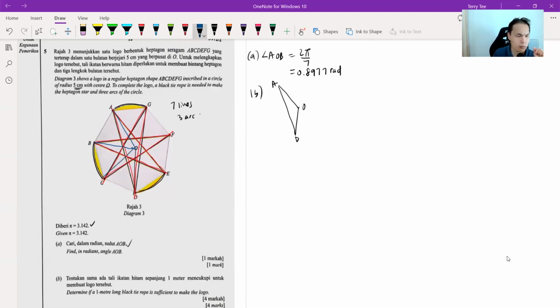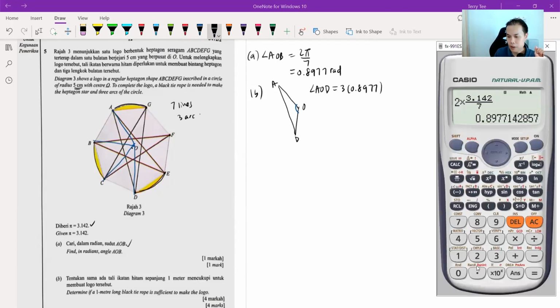I wonder whether you can see this. Maybe I rub this off, too many lines. This is AOB, this is BOC, and this is COD. It consists of 3 of this angle. So angle AOD is 3 times 0.8977.